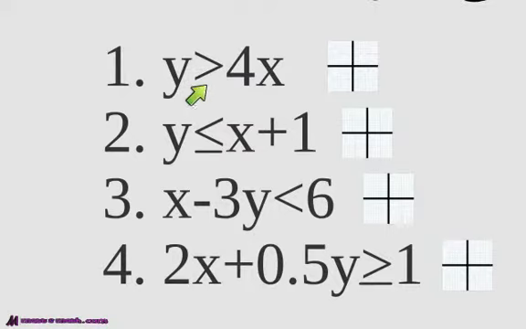And then notice, come back and say, hey, it doesn't have the line underneath, so it's going to be a dashed line. And it's y is greater than 4x, so y is above that line at 4x. So you're going to shade above. This one, shade below, and it's a solid line. This one, you've got to move everything around, okay? Do that first, and same thing with this guy. It's got to be y is less than, or greater than or equal to, okay?